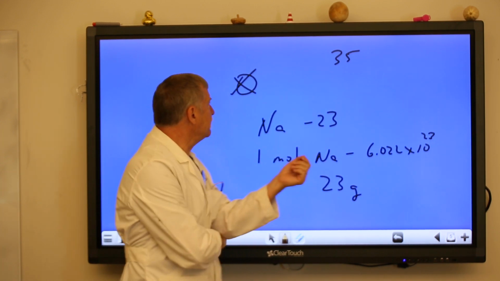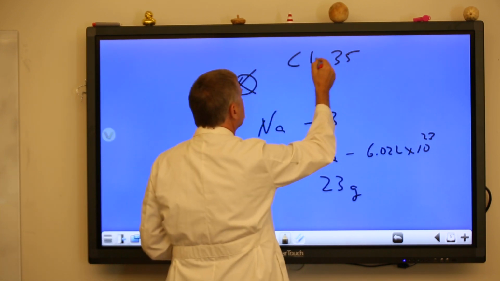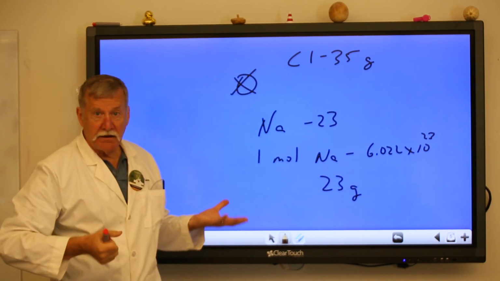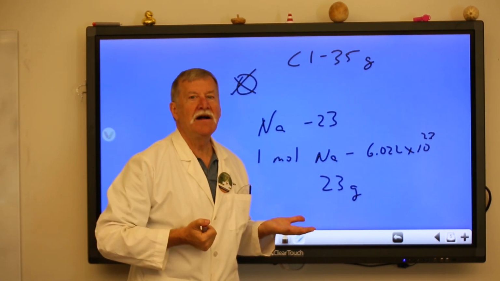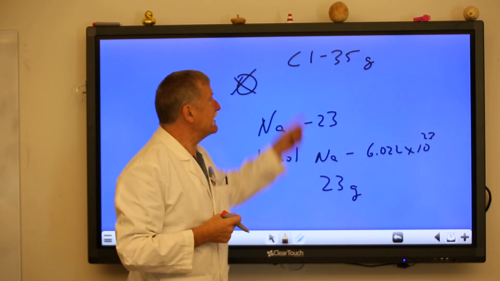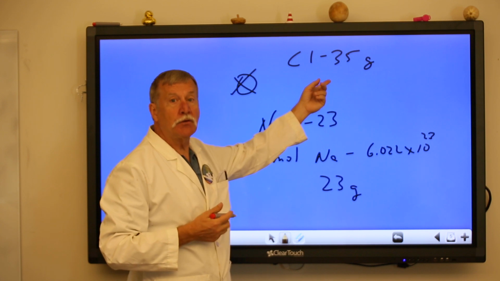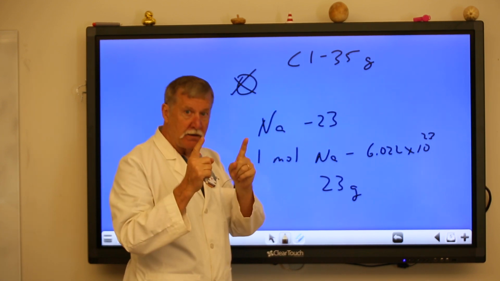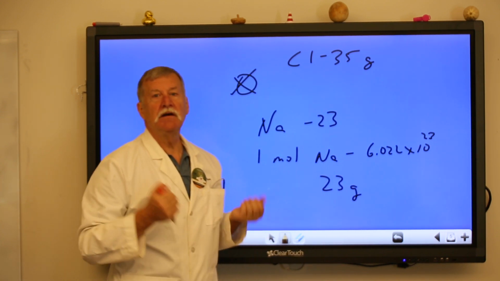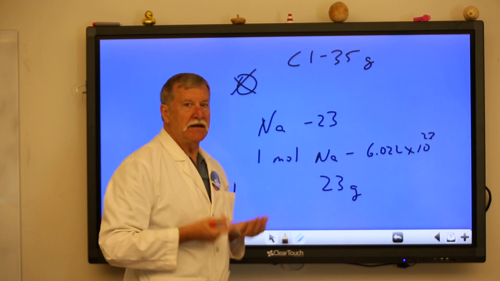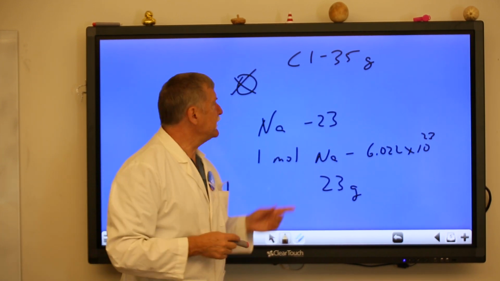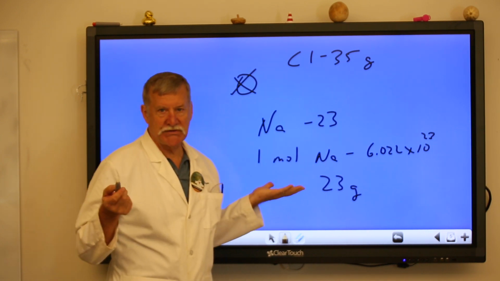The idea being that if I'm going to make salt in the right ratio, I'm going to get 23 grams of sodium, and I need 35 grams of chlorine to have a 1-to-1 matchup. And that's how I use formula mass in the lab, to actually weigh out things in grams that we can measure in these units called moles.